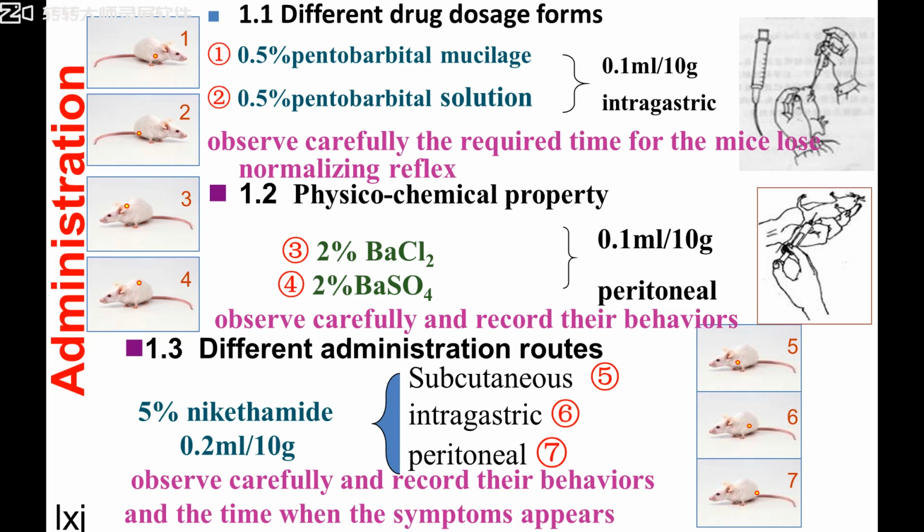These 3 experiments involve the content of pharmacokinetics, especially absorption. Different dosage forms of the drug, like mucilage and solution, have different velocities of absorption.